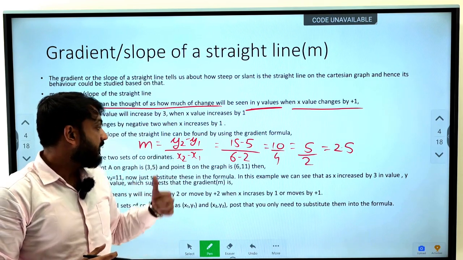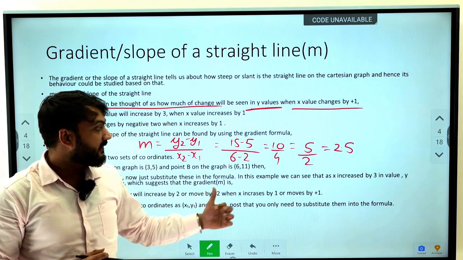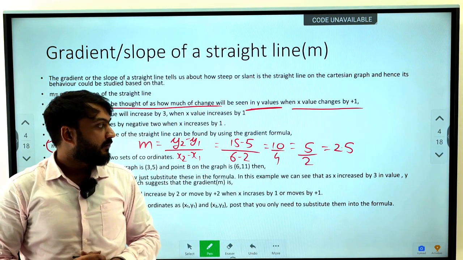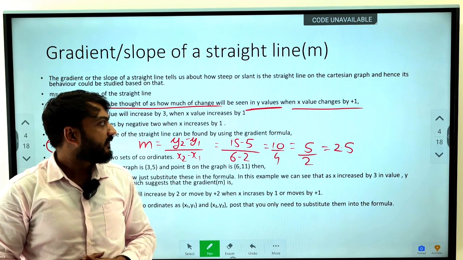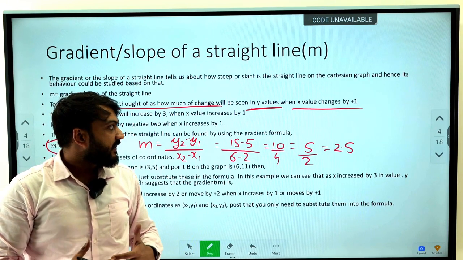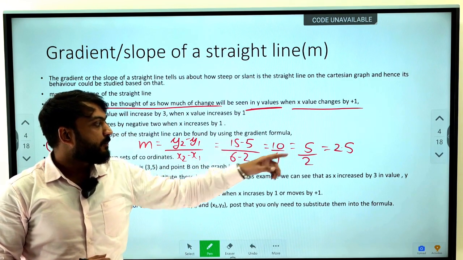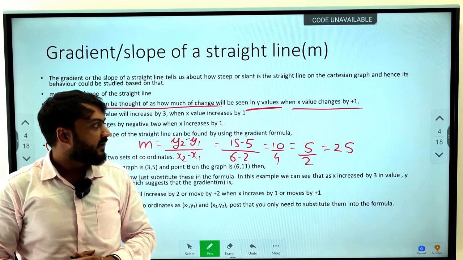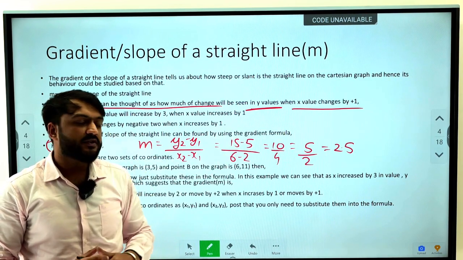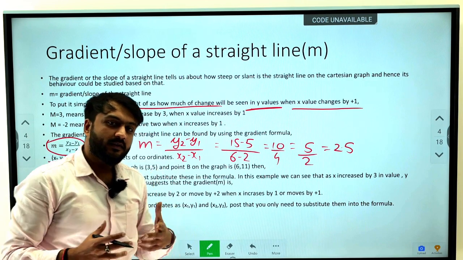The gradient can tell me. So here the gradient of 2.5 with no sign is positive sign, meaning it tells me that a change of 2.5 in my y values can be seen whenever there is a change of positive 1 in my x values.